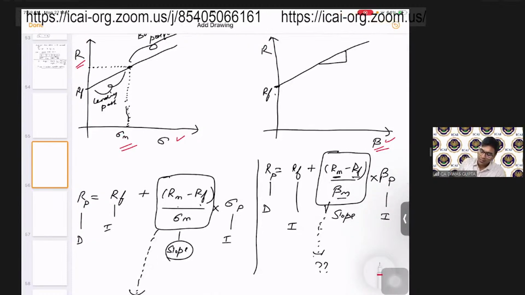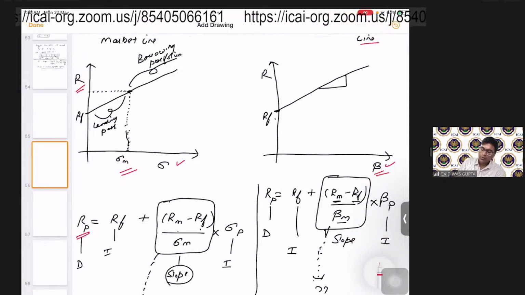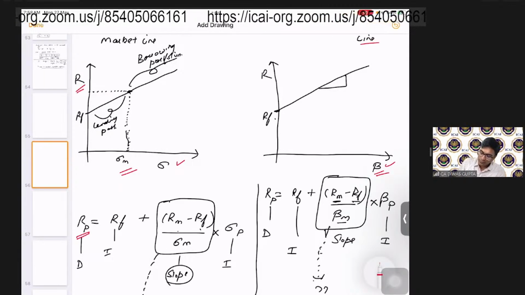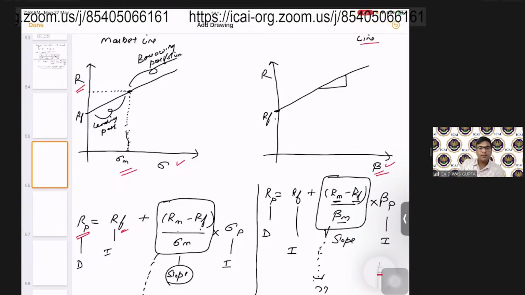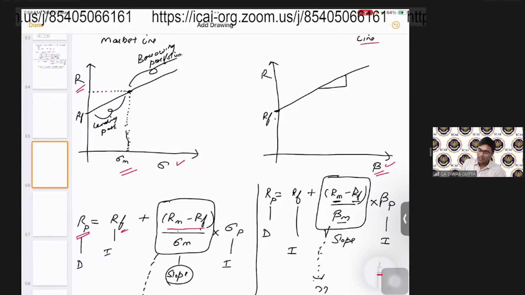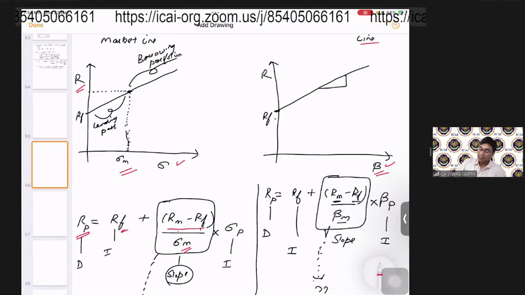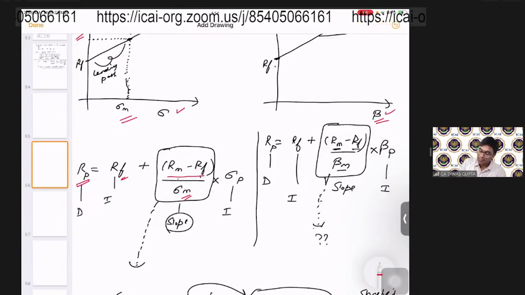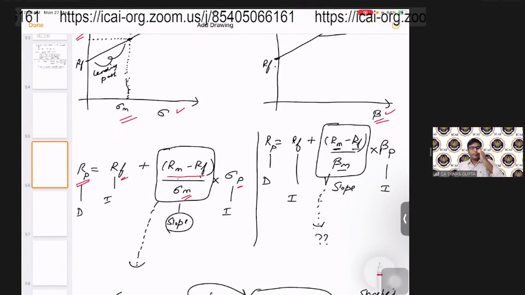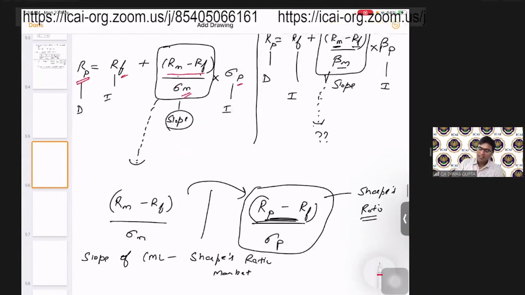Now students, the way it is denoted is: the return of portfolio is equal to the risk-free rate of return plus excess return, which is RM minus RF, divided by the market portfolio standard deviation, multiplied by the standard deviation of portfolio. I'm just simplifying it.